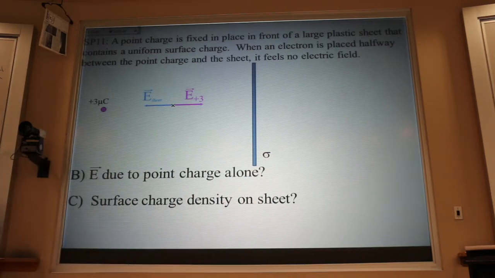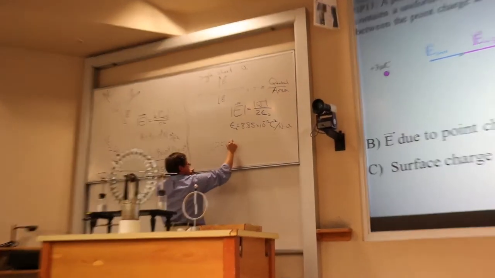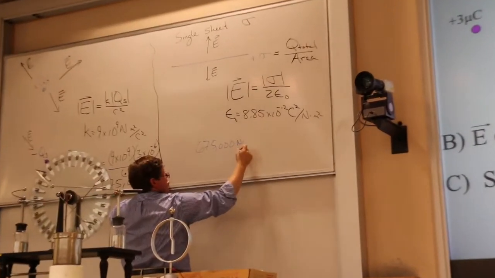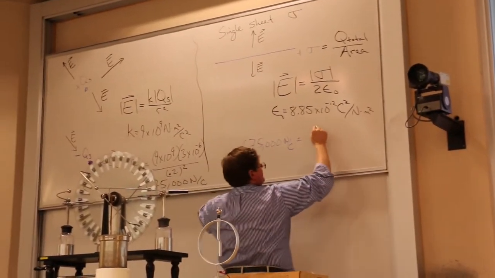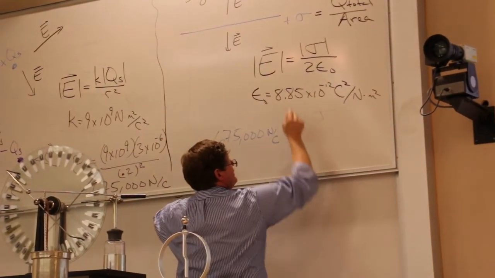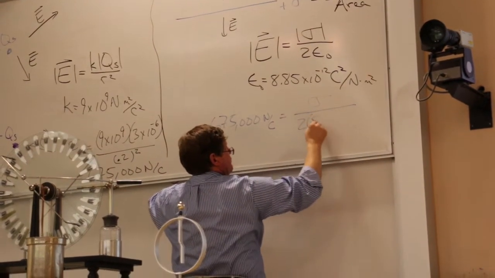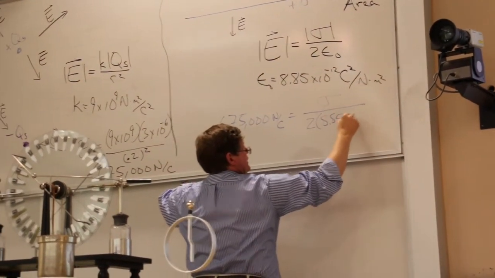And so if I use this formula here, my E is 675,000, and that's going to give me my sigma. It's positive sigma, so I don't need the absolute value sign, over 2 times 8.85 times 10 to the minus 12.